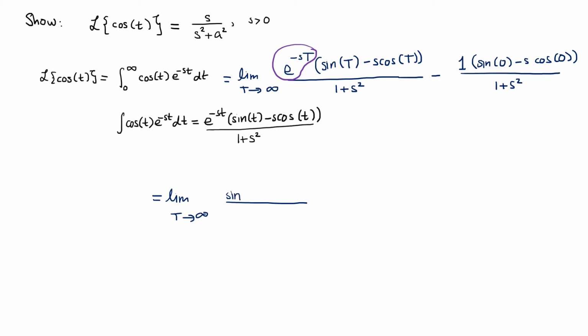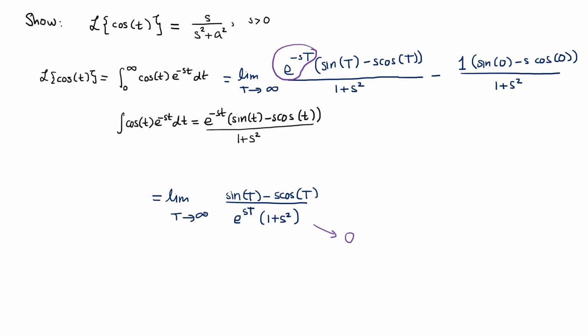So we can think of rewriting this so that we can see that exponential down in the denominator. This exponential is going to be getting really, really big, so our term is going to approach 0.